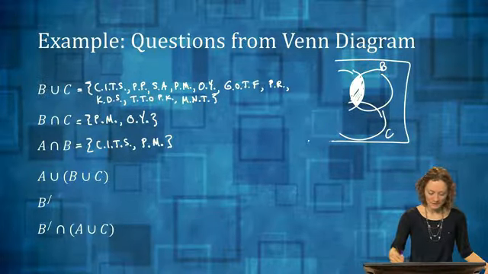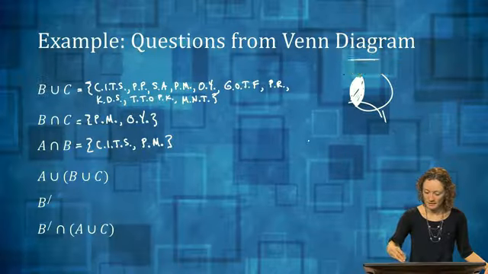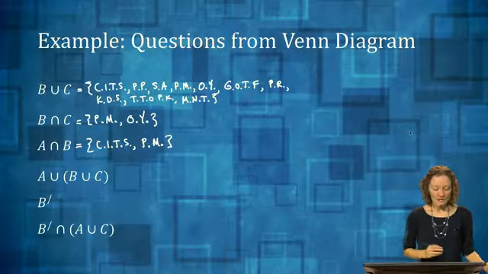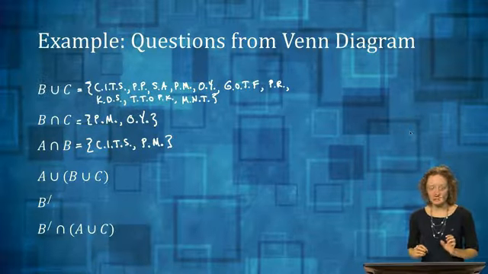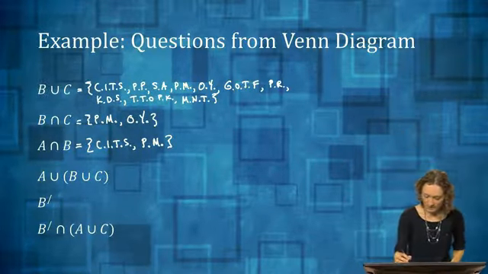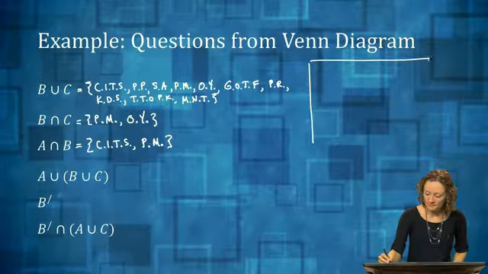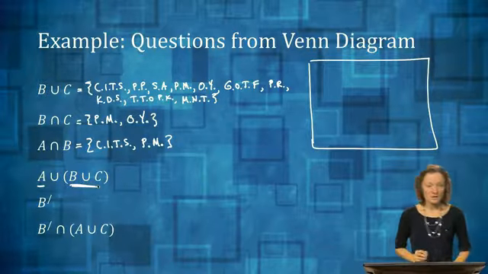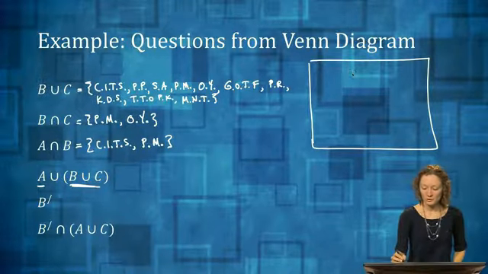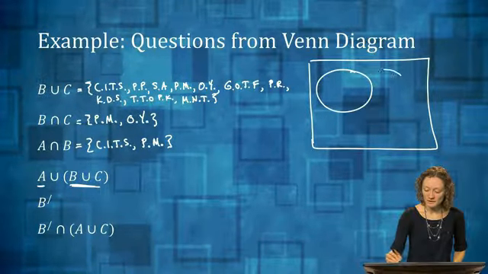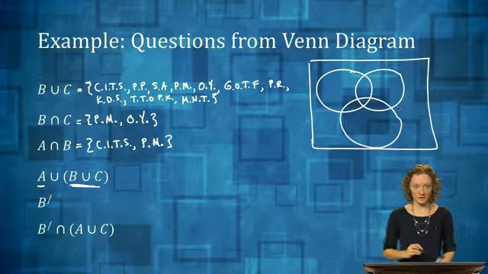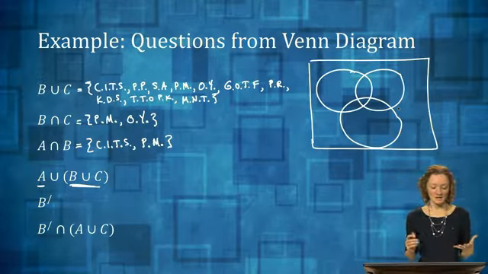All right, the next one starts to get a little bit more complicated. So we have A union, B union C. If it's a union of two things, A and B union C, a union means everything from both. Since it's a marriage of these two things, I'm not going to worry about using different colors. Since it's a union, everything that I shade is going to count.